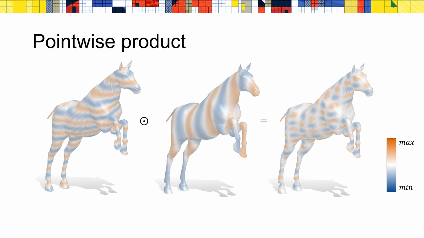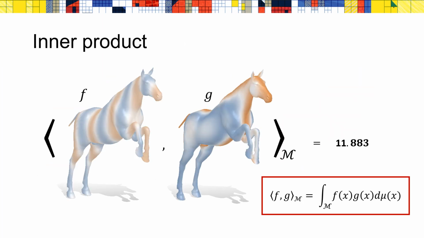And then we have the pointwise product between two vectors. So each element is multiplied with the corresponding element in the second vector, and this corresponds to the pointwise product in the functional space. Finally, we have the inner product between vectors, and here I just want to highlight that this inner product depends on the geometry of the mesh.